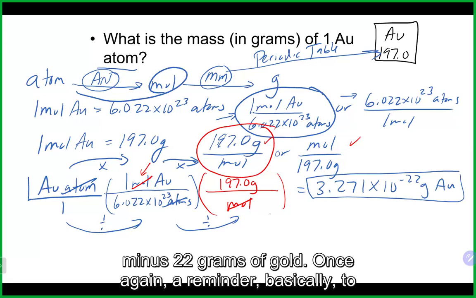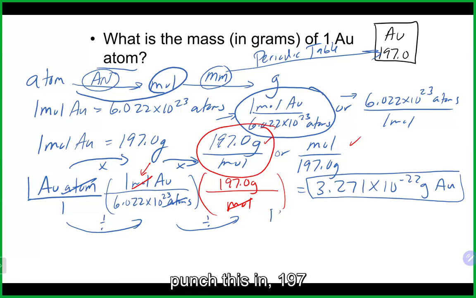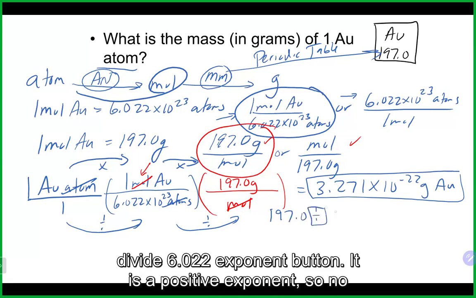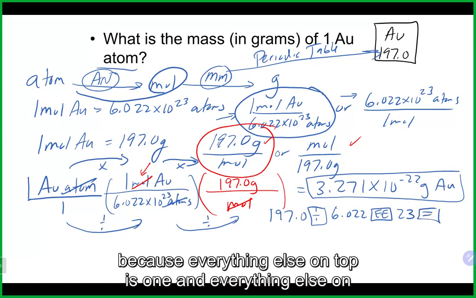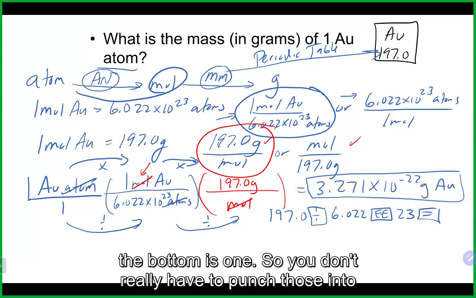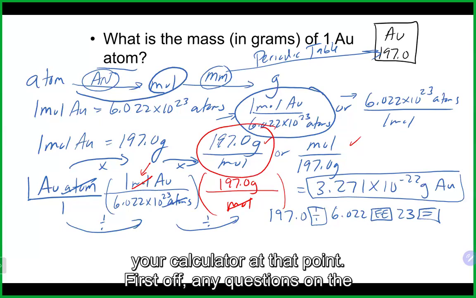Once again, a reminder to punch this in: 197 divided by 6.022 exponent button 23. It is a positive exponent, so no negative button, and equals. Really, because everything else on top is 1 and everything else on the bottom is 1, you don't have to punch those into your calculator.